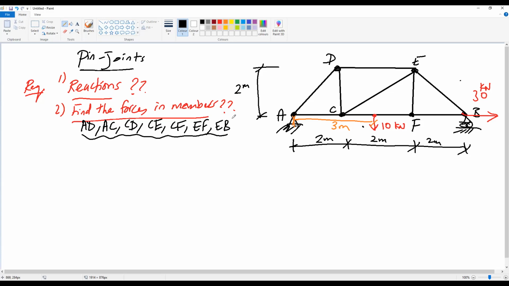Okay, so these are the two requirements we have. So now we can start.